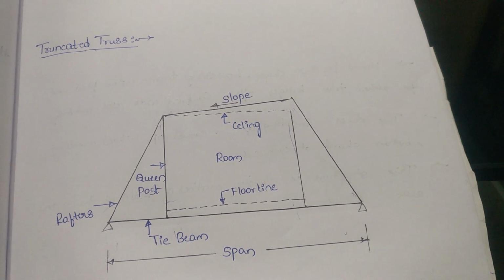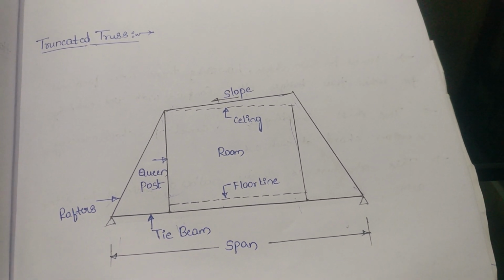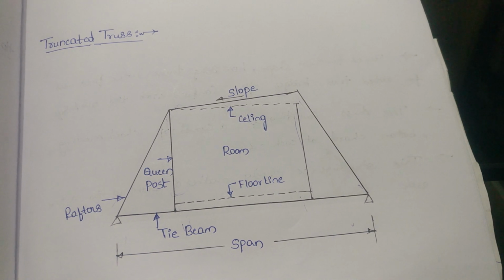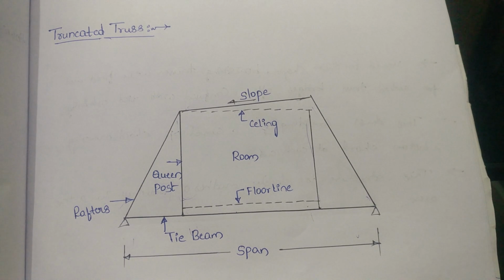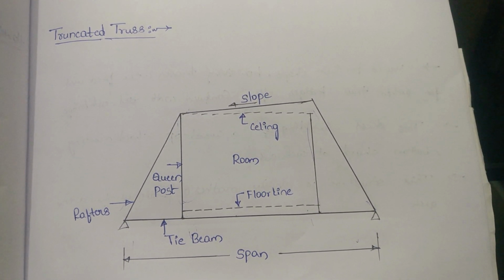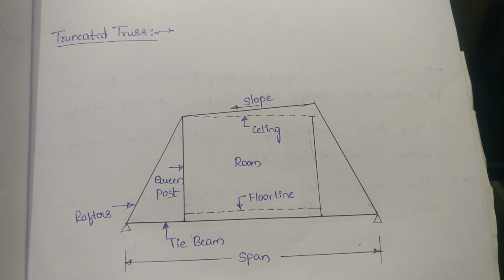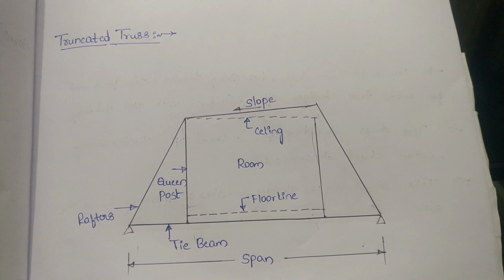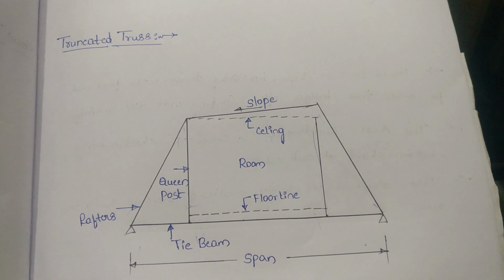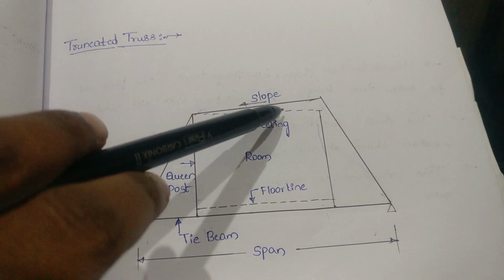The truncated truss is similar to the Mansard truss, except that its top is formed flat with a gentle slope to one side. This type of truss is used when it is required to provide a room in the roof.